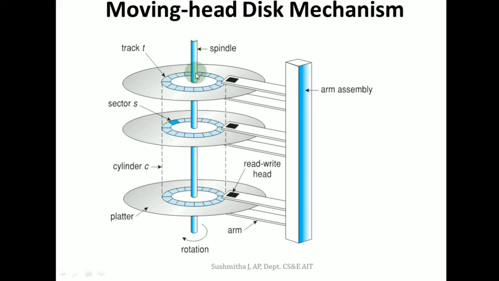You can see it here in the center. It is used to rotate your disk, and the arm is used to move the read write head forward and backward. The disk will be rotated and positioned, and the read write head will move forward and backward for the appropriate data. For example, if I want to read this dark blue sector, the spindle rotates it here, and the read write head moves forward to read.